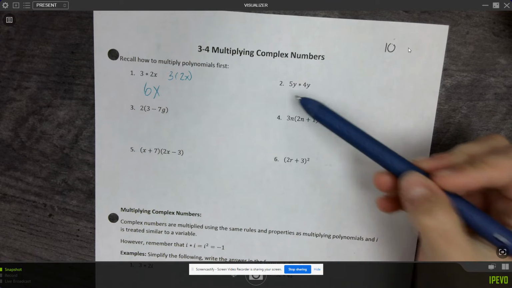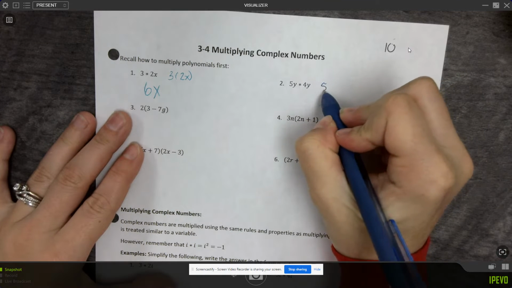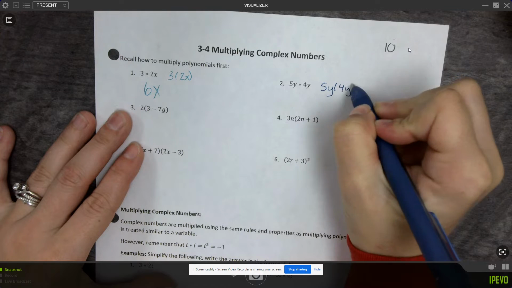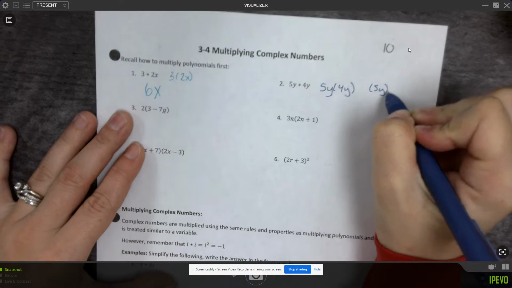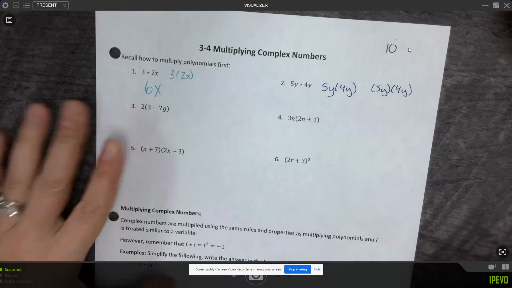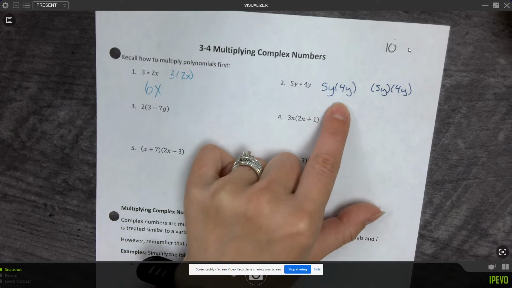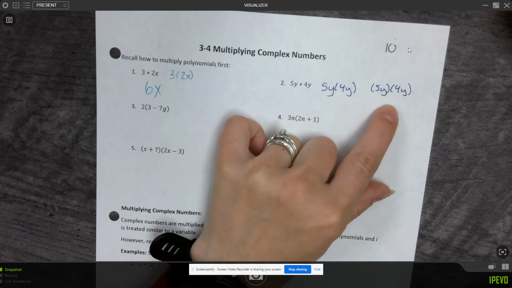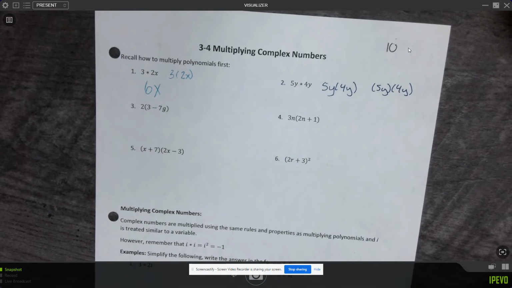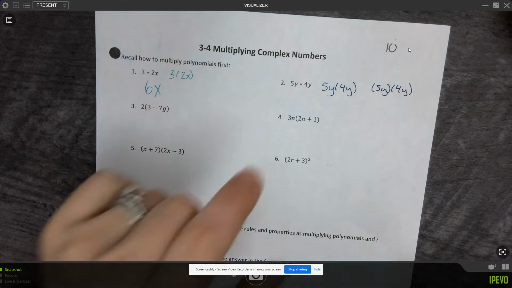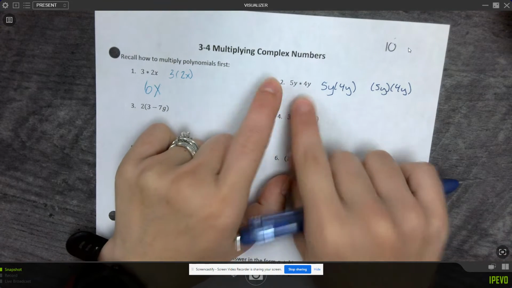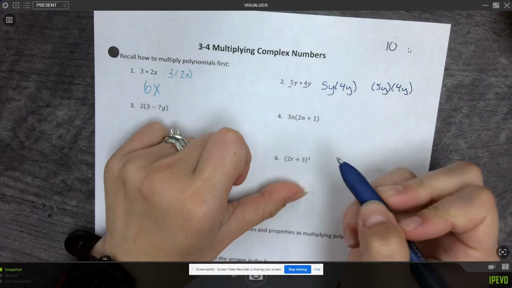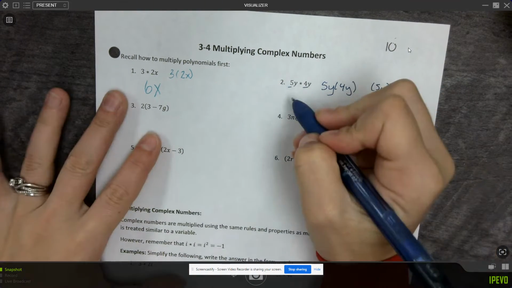In example number 2, similarly, it could look like this, or it could even look like this sometimes. So where the first one is outside and the second one is inside parentheses, or they're both in their own set of parentheses. In all three of those examples, you are going to multiply the coefficients. 5 times 4 is 20.